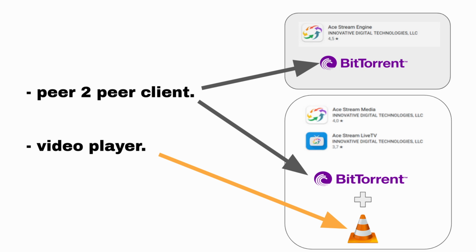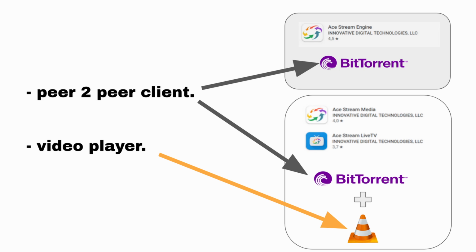You don't need to download the application which has the video player embedded, because the video player is just meant to open the stream which is being fetched by the BitTorrent client. So I think that is also a very important concept for you to understand, and that can cause some confusion for those that don't understand it.